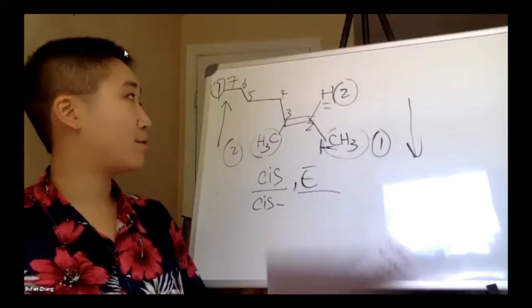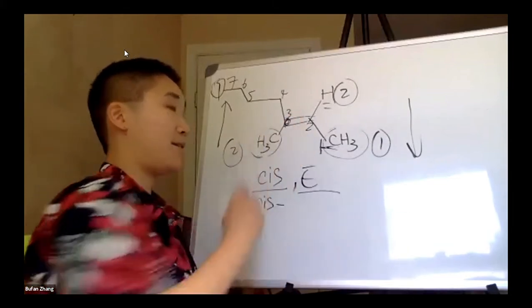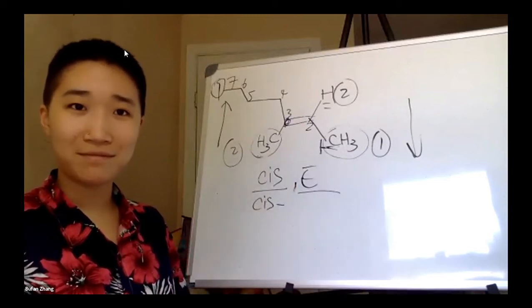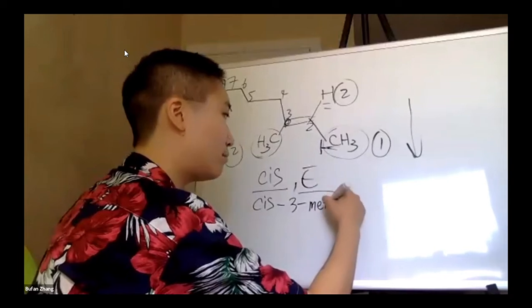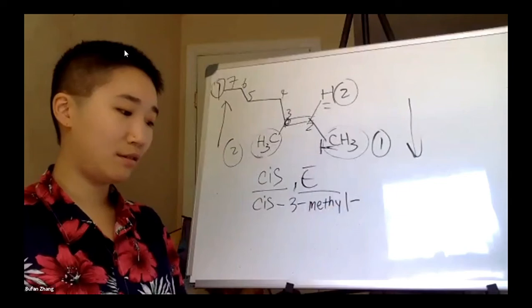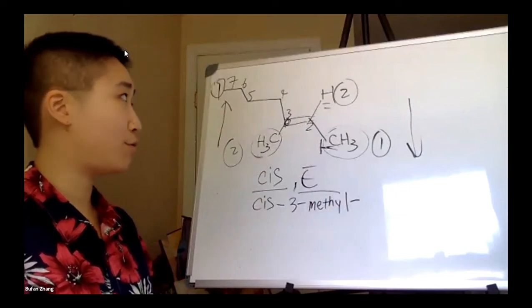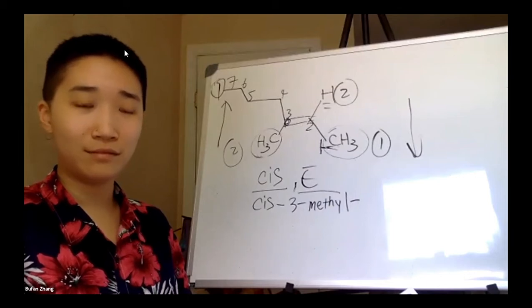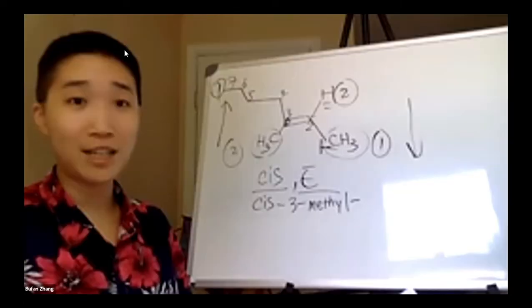So methyl is on which carbon? Carbon 1, 2, 3, 4, 5? Carbon 3, right? So it's cis-3-methyl. Where's this alkene? Is it between carbon 2 and 3, 3 and 4, or 4 and 5?